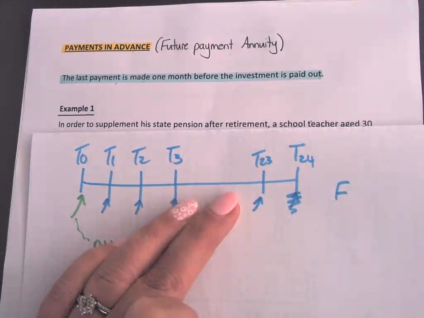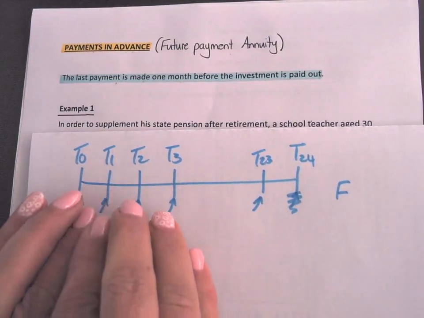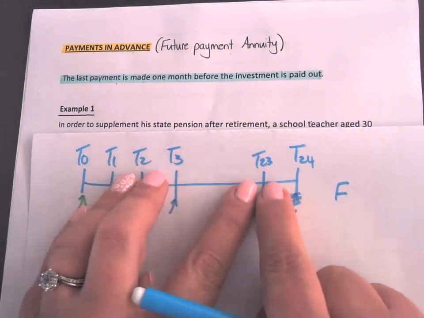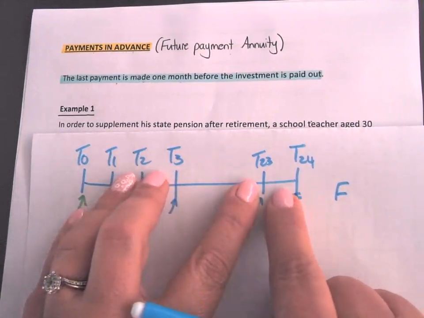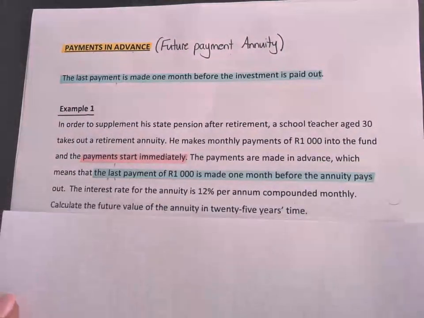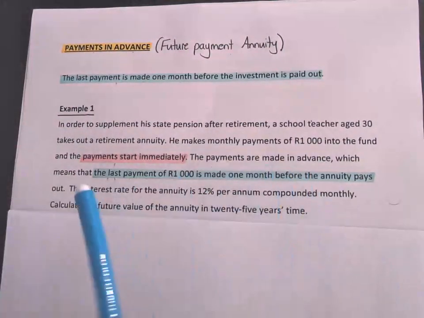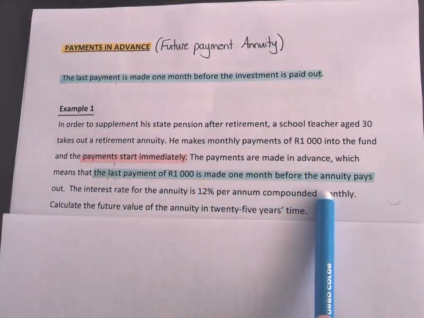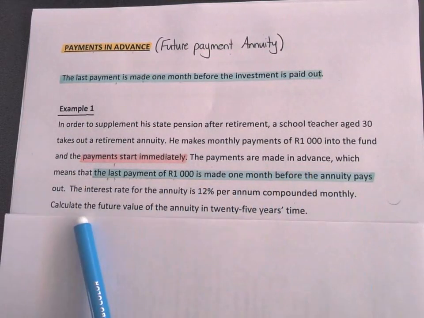Okay? And then all this money lies in that account for a month. Okay, you understand? So, the last payment of 1,000 is made 1 month before the annuity pays out.